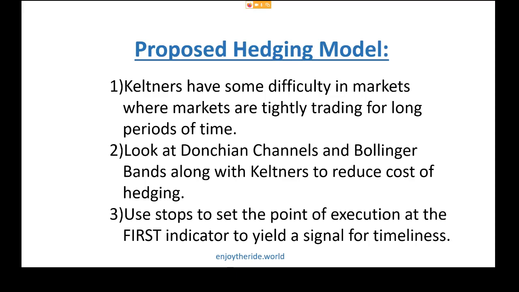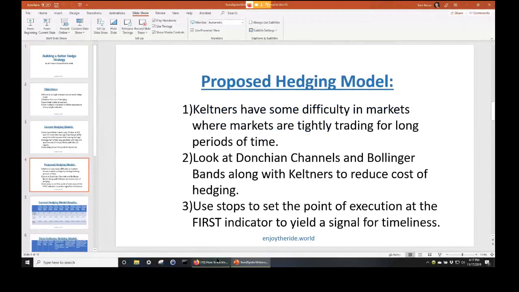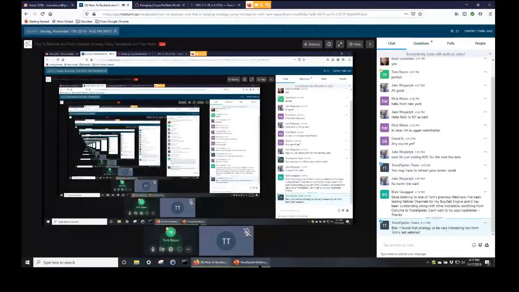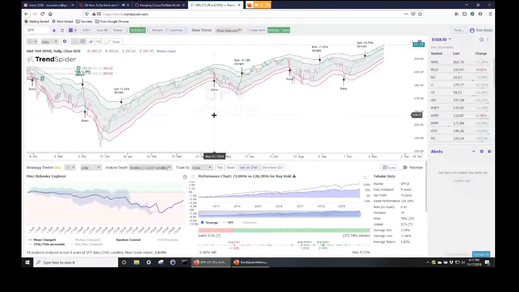So given that, let's go over and look at, let's see, I got to go. All right, a lot of you have seen on my enjoytheride.world trader website on the hedge page something that looks like this. This is a little bit stretched out.